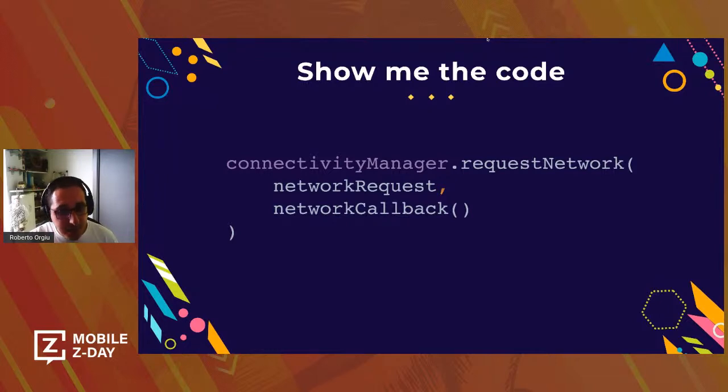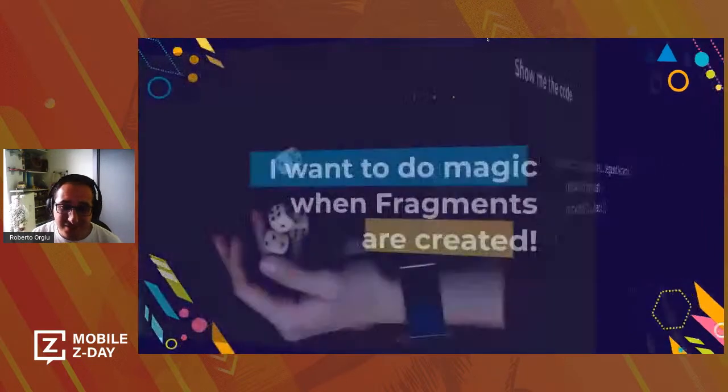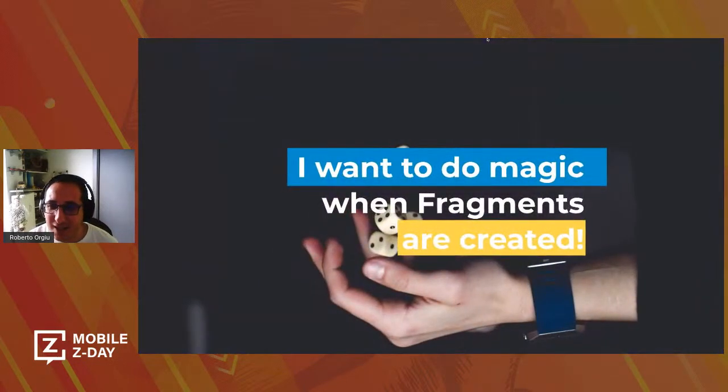Okay, now let's check something that is totally different and totally not related to network anymore, and it's fragments. So we know that there is a way to have some callbacks when our activities are created. But what if I want to do the same with fragments?